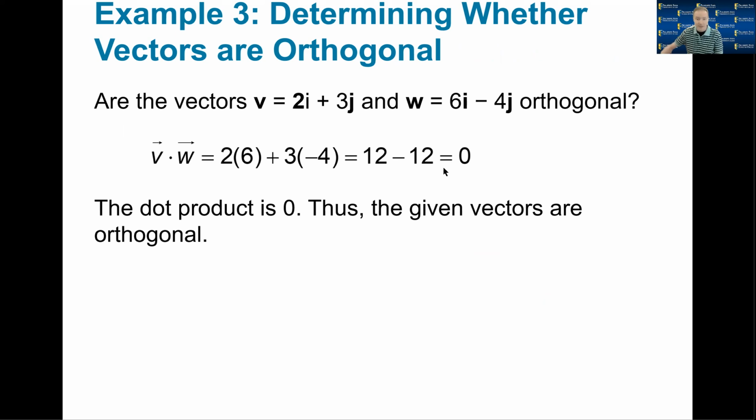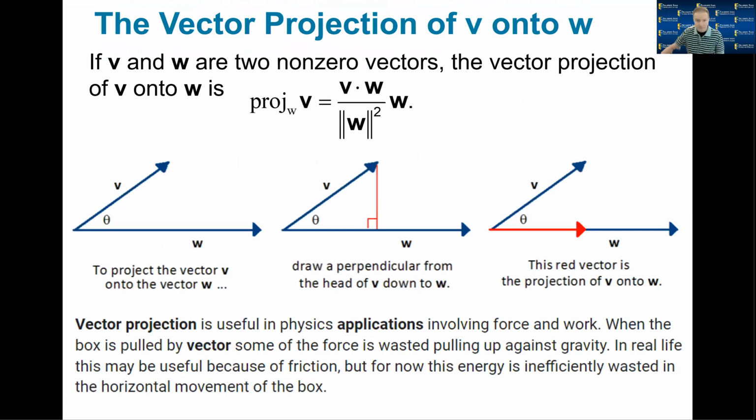So when I add these two together, I get a 0. The dot product is 0, so I am 100% confident that vector v and vector w meet at a 90-degree angle. Now, could you graph these out and show that the angle between them is 90 degrees? Sure, you could. There's no need to do that, though. These vectors are orthogonal.